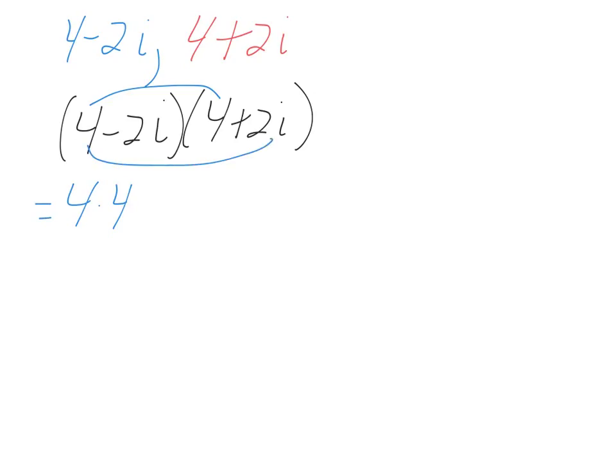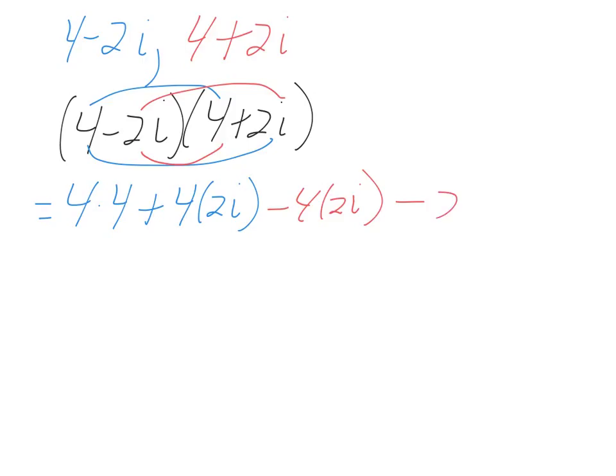And here we'd have plus 4 times 2i. And here, there's a minus in front of that 2, so it's minus 4 times 2i. And then over here we'd have minus again, because we got a negative times a positive, so minus 2i times 2i.